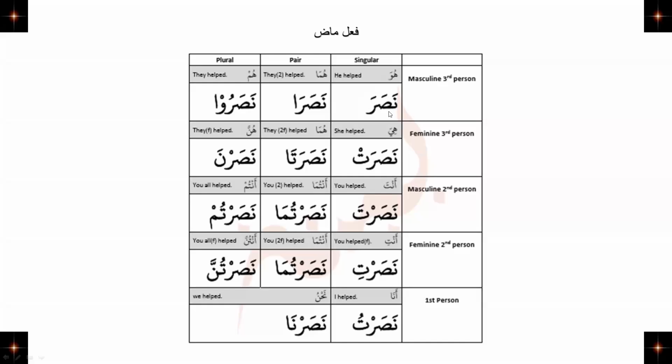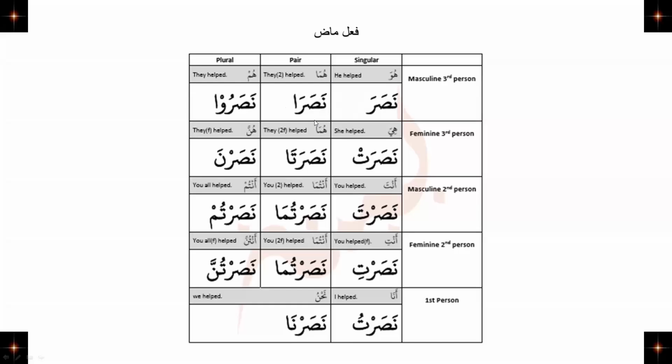But huma, you see, the alif at the end will be represented here. So it's huma nasara. So anytime you see a fi'l with such ending, it means it is Maadhi and it is for two masculine. Of course, we are on the masculine line.